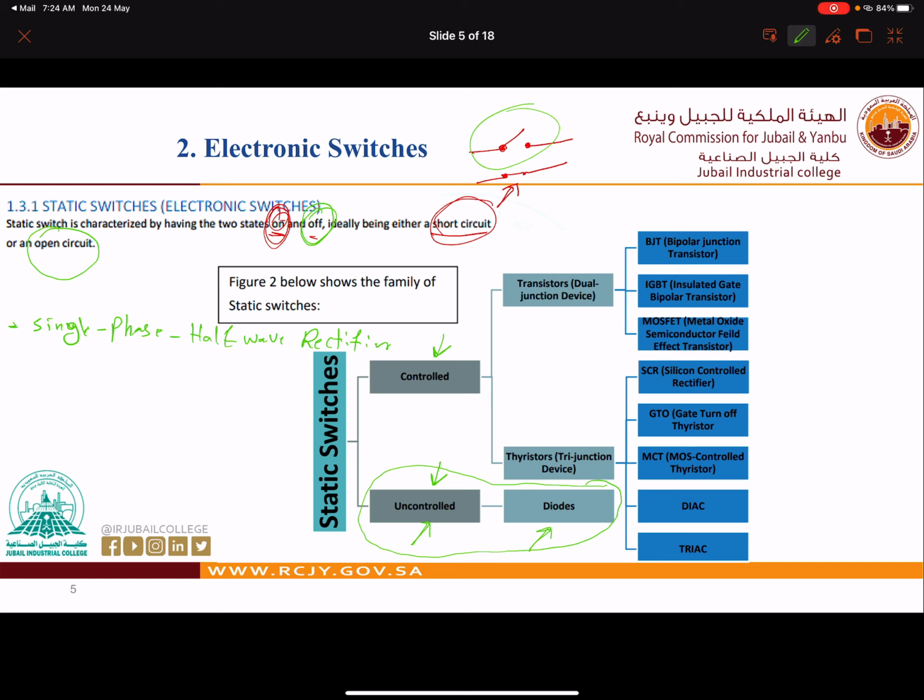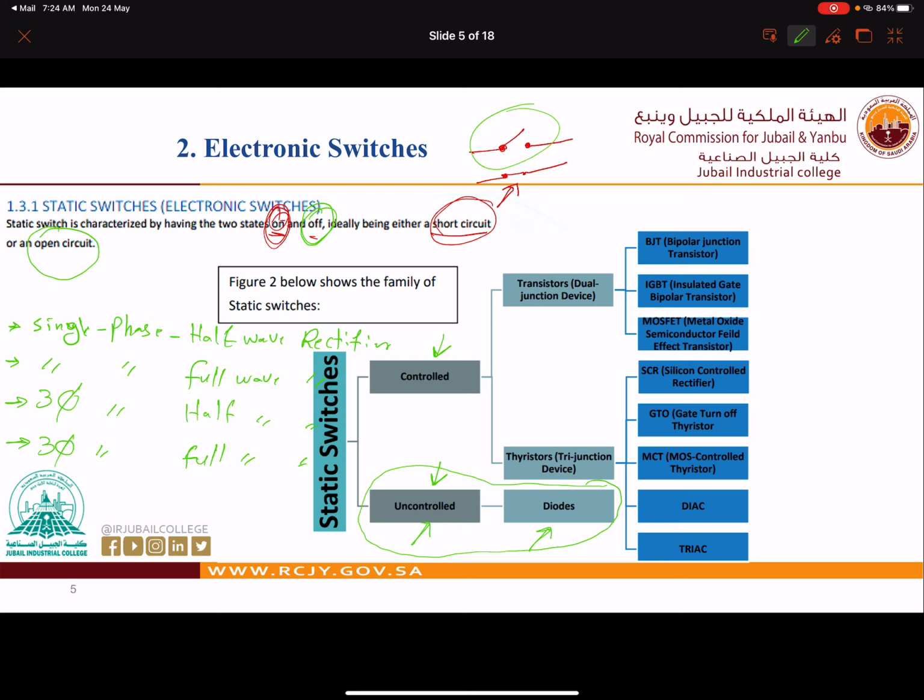This is one, and inshallah in the next lecture we will go to single phase full wave rectifier, and we will go to three phase half wave rectifier, and we will go also to three phase full wave rectifier.